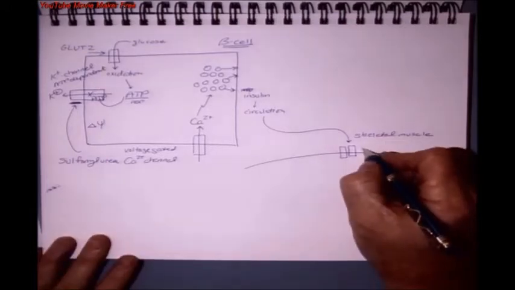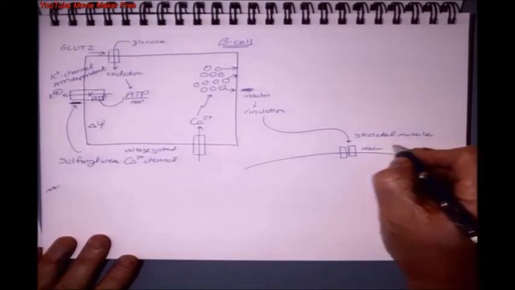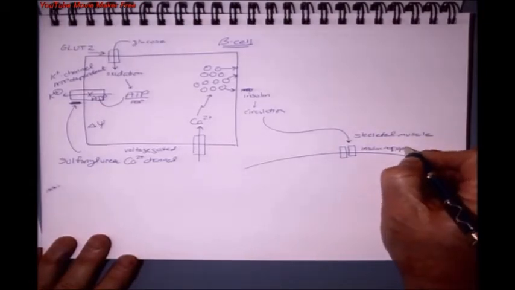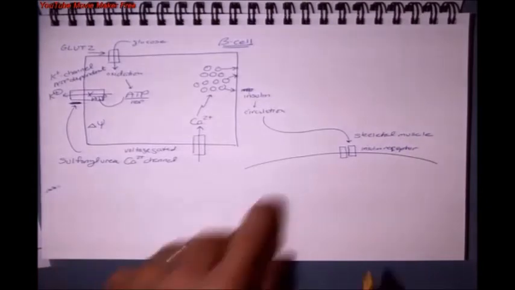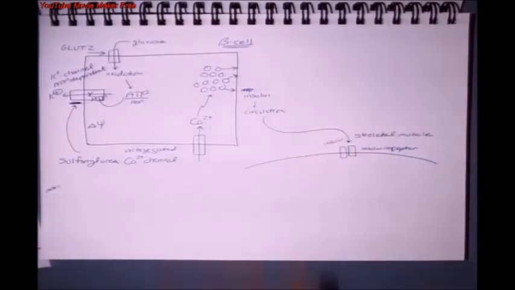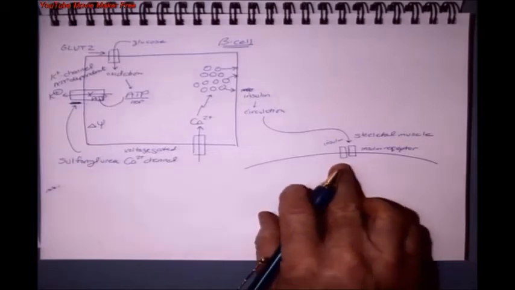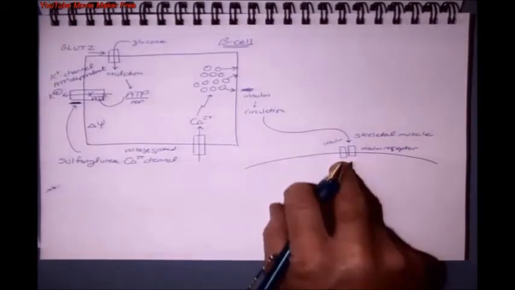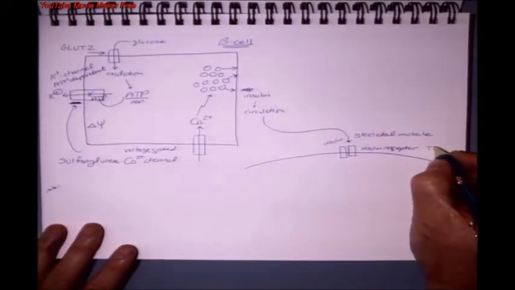So here's our insulin receptor. The insulin binds to its receptor on skeletal muscle and activates the receptor. Now remember, the insulin receptor is a tyrosine kinase receptor.